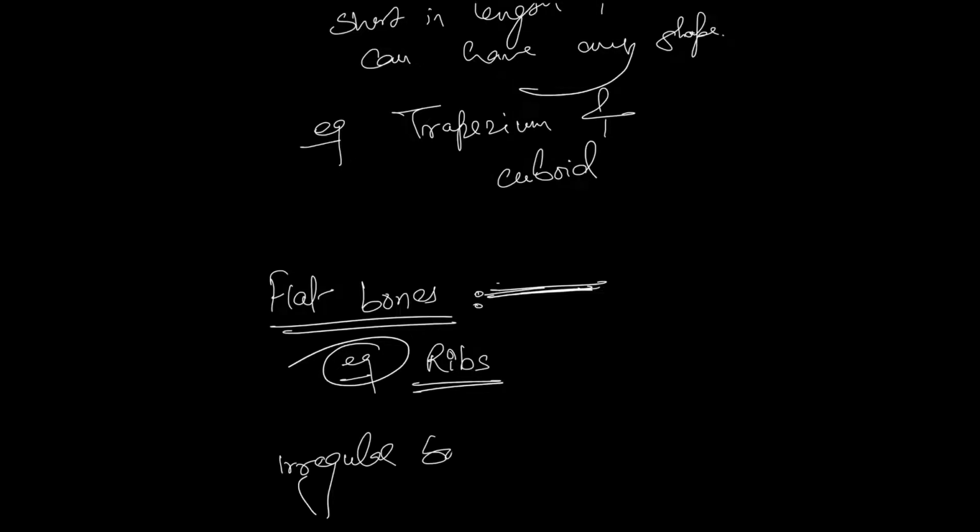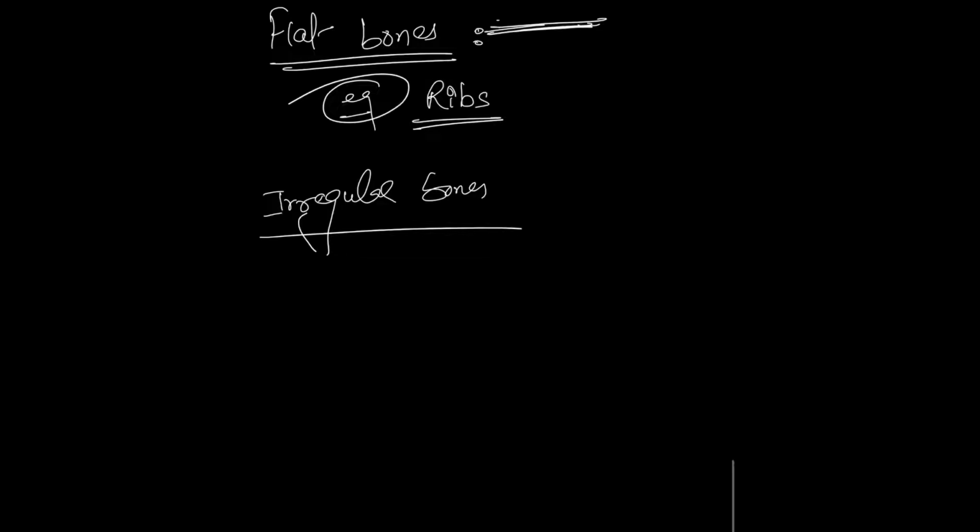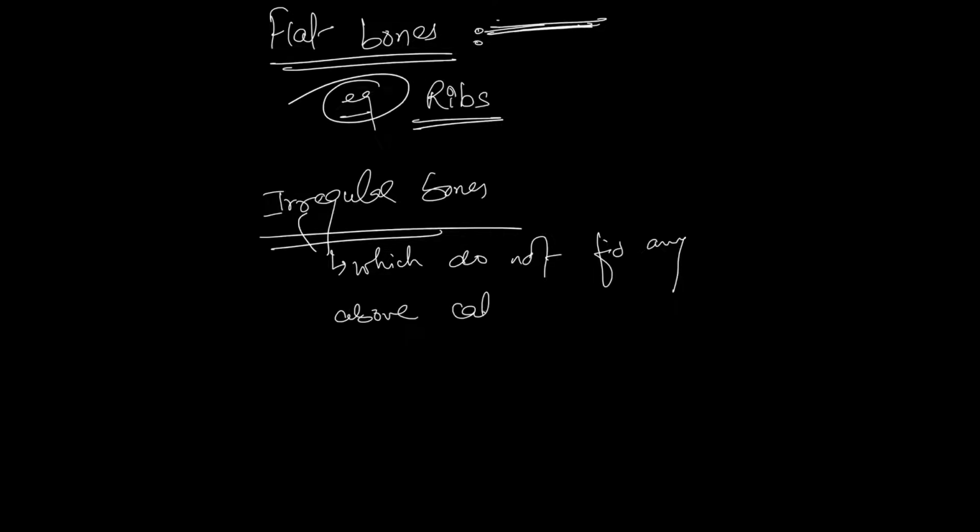Irregular bones. These are the bones which do not fit in any above category. Example is hip bone.